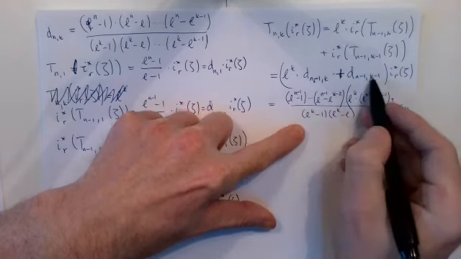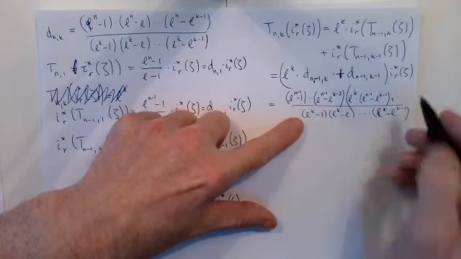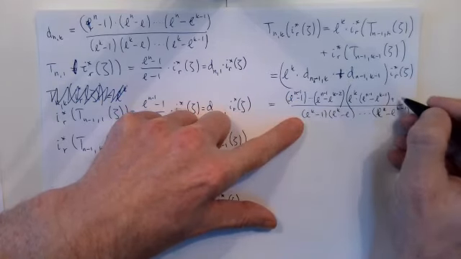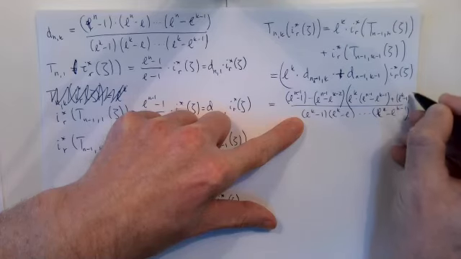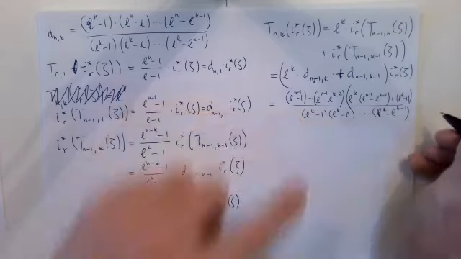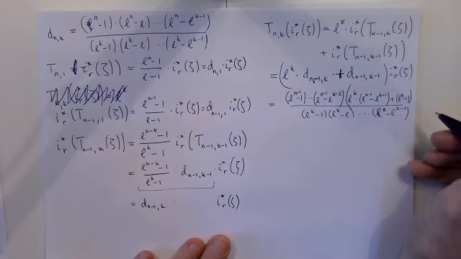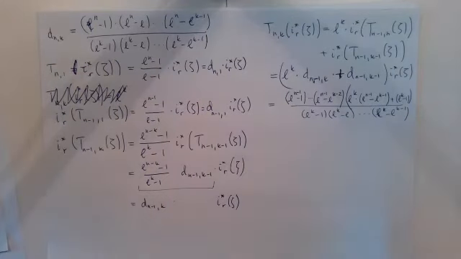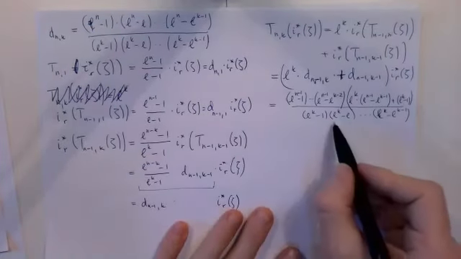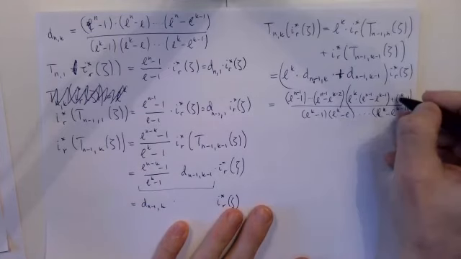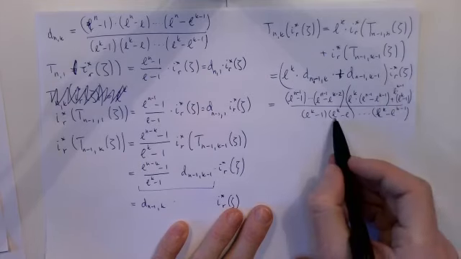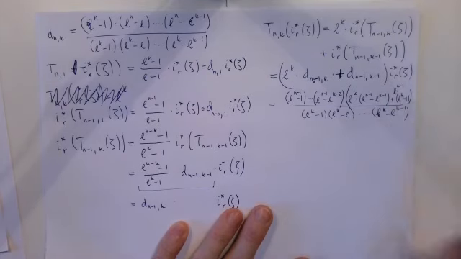And on this side we have an extra factor that we didn't have before, L^k minus 1. That's not right. We also have this times L^{k-1}, because each of these factors has one more.